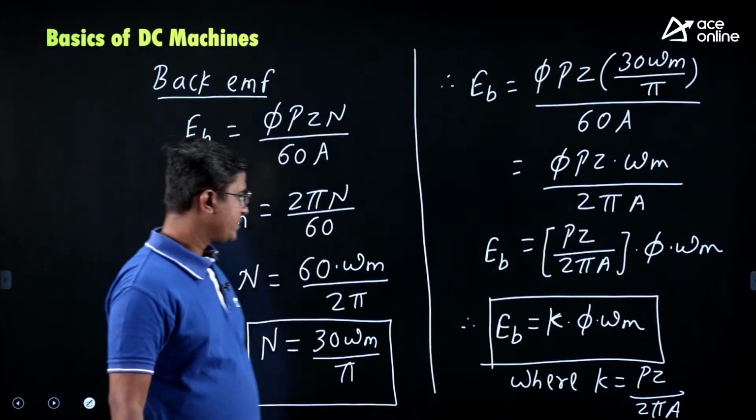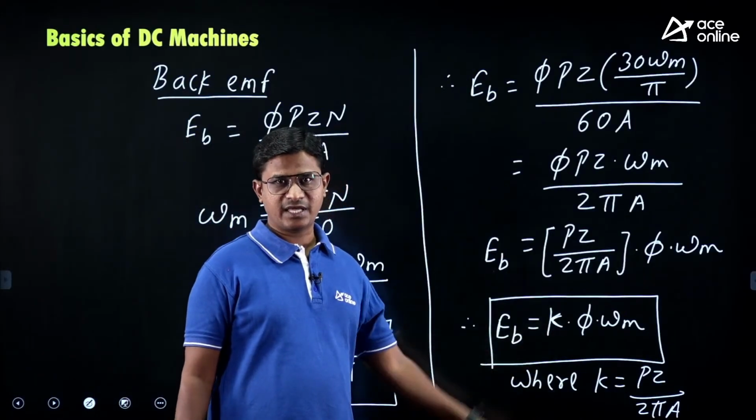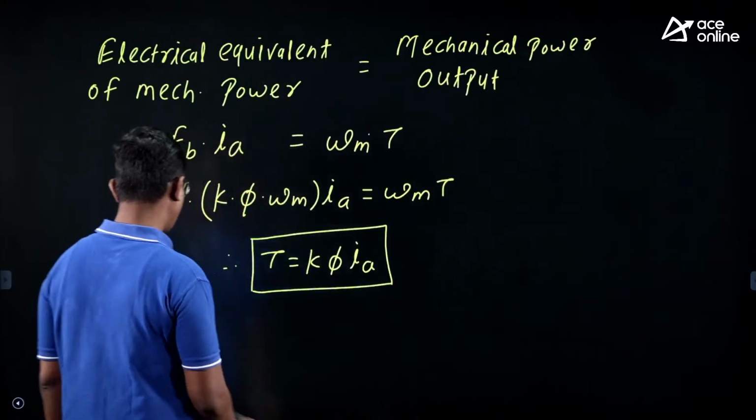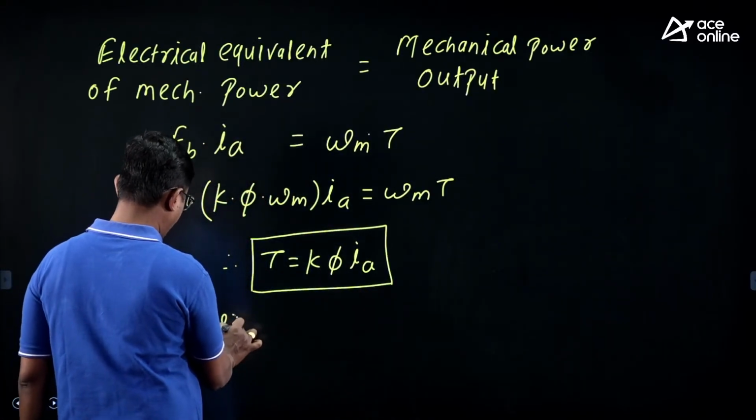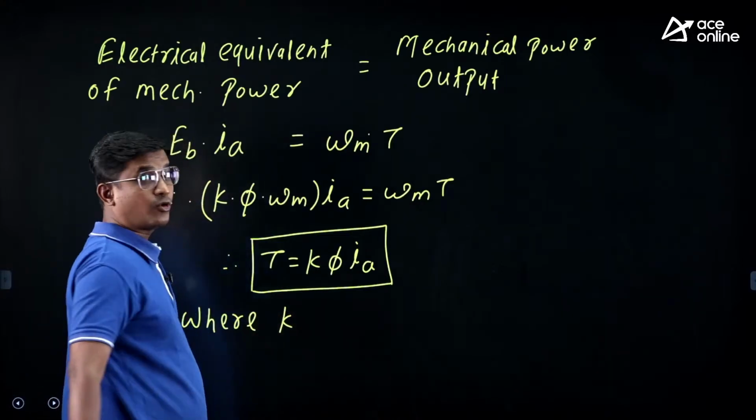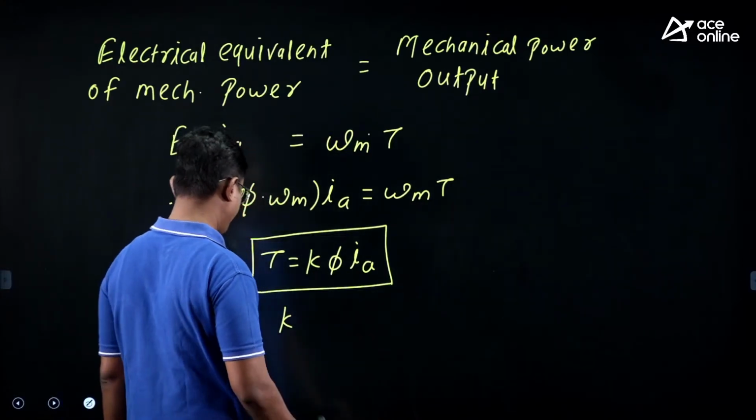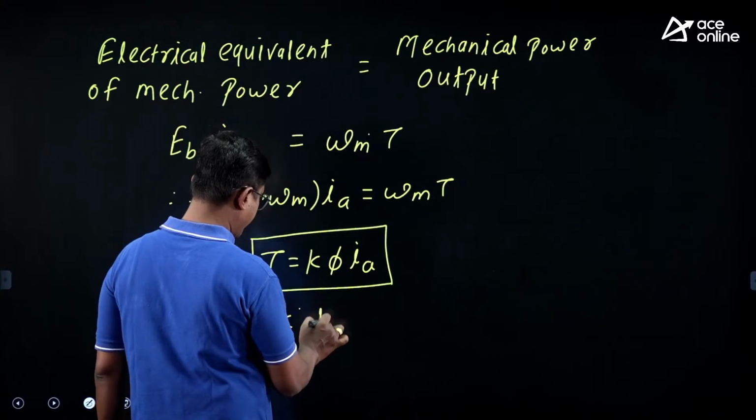So here k and here k both are the same. This k is known as the motor constant; sometimes in numericals they will give the motor constant as some value.